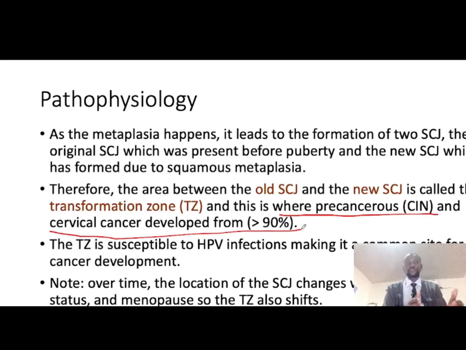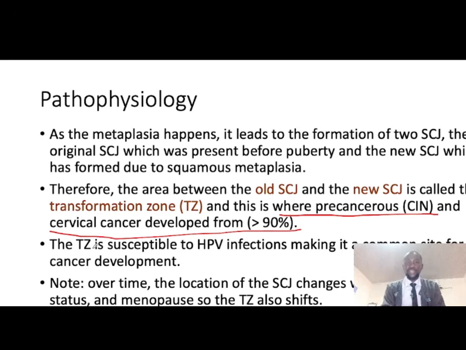You have a change from a columnar epithelium to stratified squamous epithelium. That multiplication, that change in cells predisposes it to cancer. And once it is infected by HPV, human papilloma virus, it increases the risk of this particular female developing cervical cancer.